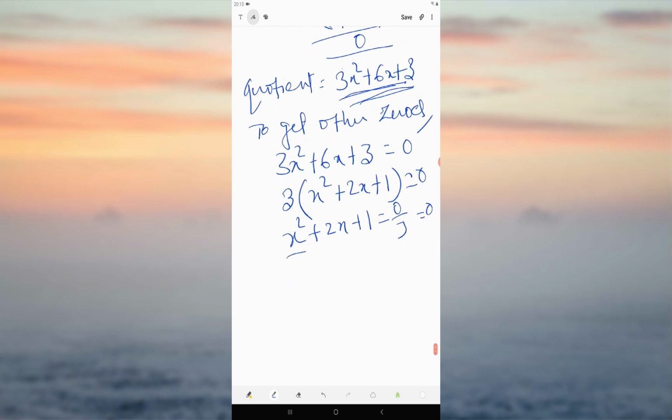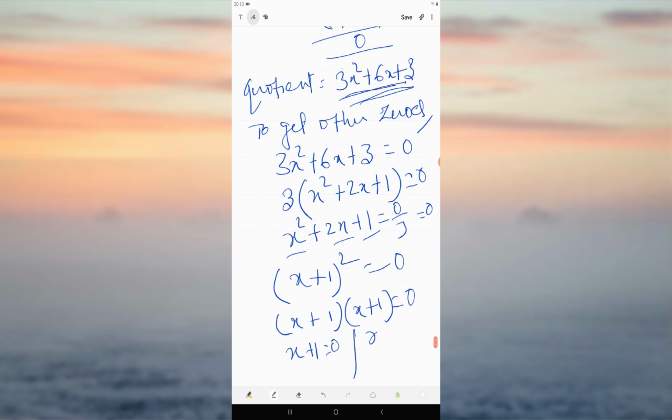Now, this is the formula for x plus 1 whole square. Correct? This we know. a plus b whole square gives x square plus 2x plus 1. That equals 0. So we have x plus 1 into x plus 1 equals 0. So either x plus 1 equals 0, and for the second also x plus 1 equals 0.